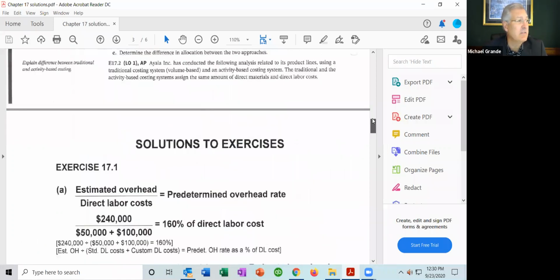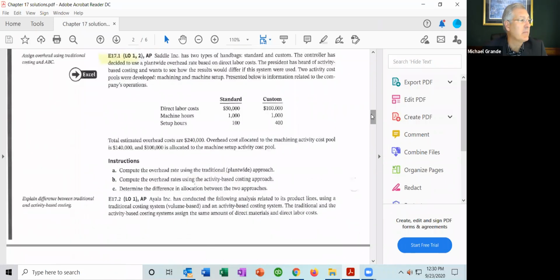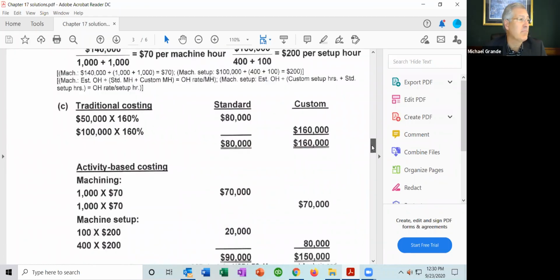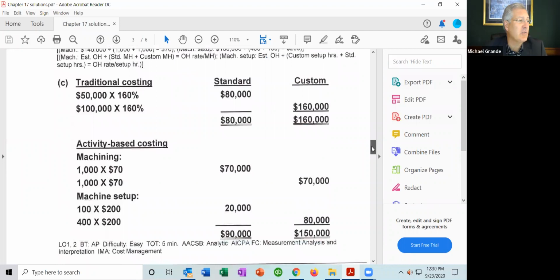Let's look at item C. Determine the difference in allocation between the two approaches. That is traditional versus activity-based costing. So let's first look at the standard. Remember how the standard is allocated: 160% of direct labor dollars.